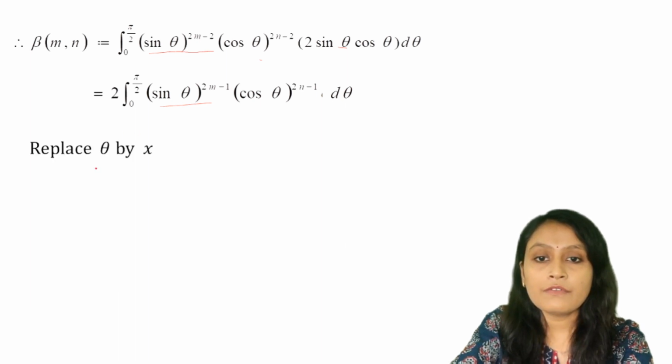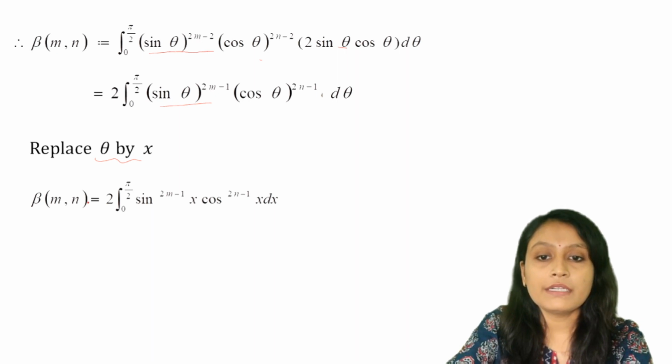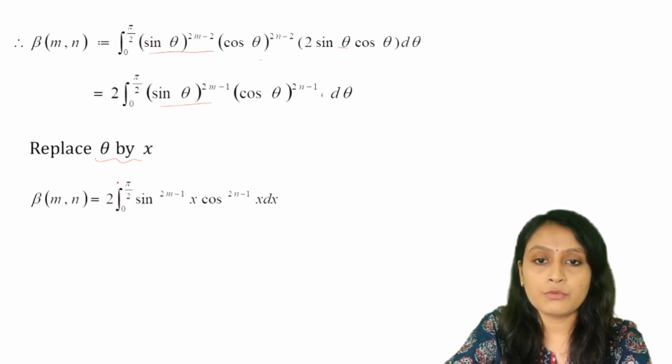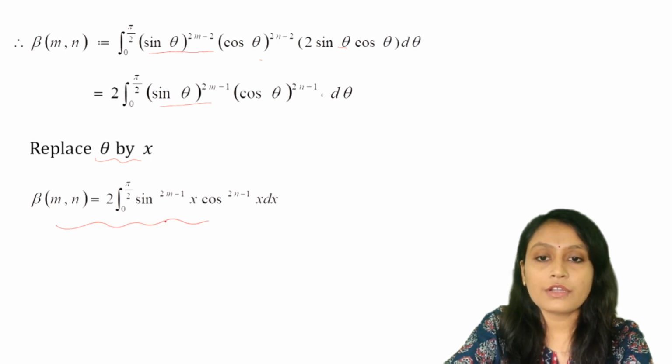Now we will replace this theta by x, so you will get beta of m comma n is equal to 2 times integration 0 to pi by 2 sine raised to 2m minus 1 x cos raised to 2n minus 1 x dx. So this is your trigonometric form of beta function.